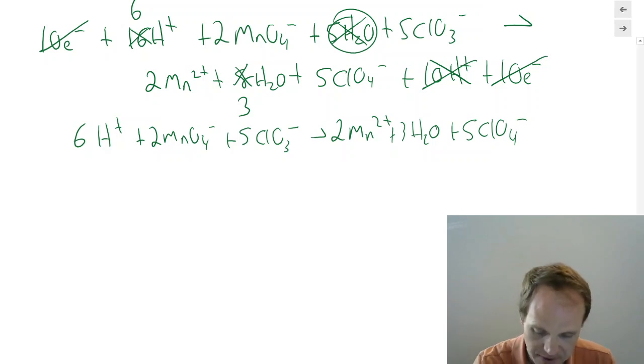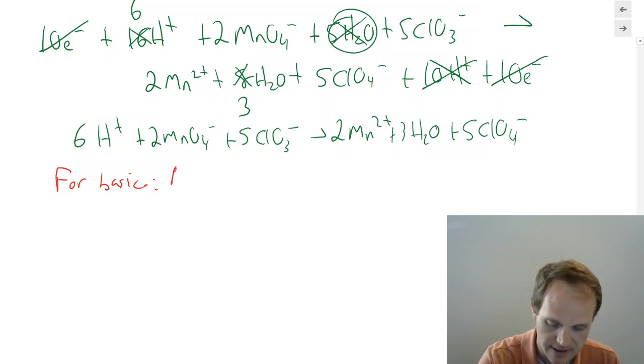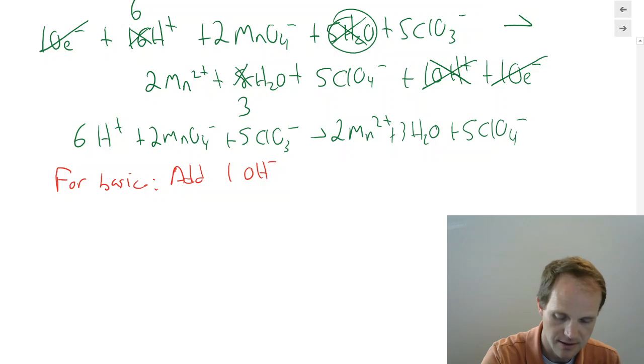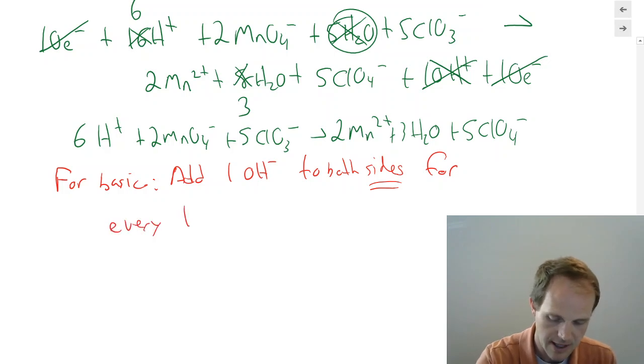And my next step for basic, here's what you want to do, is add 1 OH minus to both sides for every H plus present. Right?